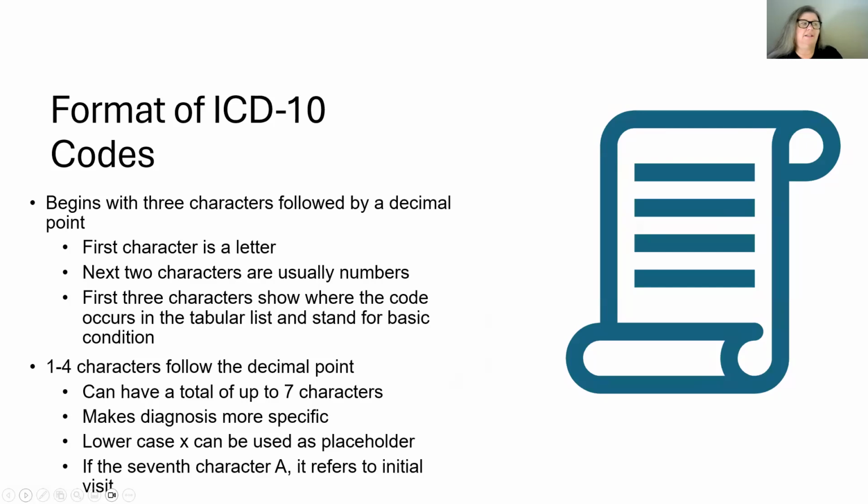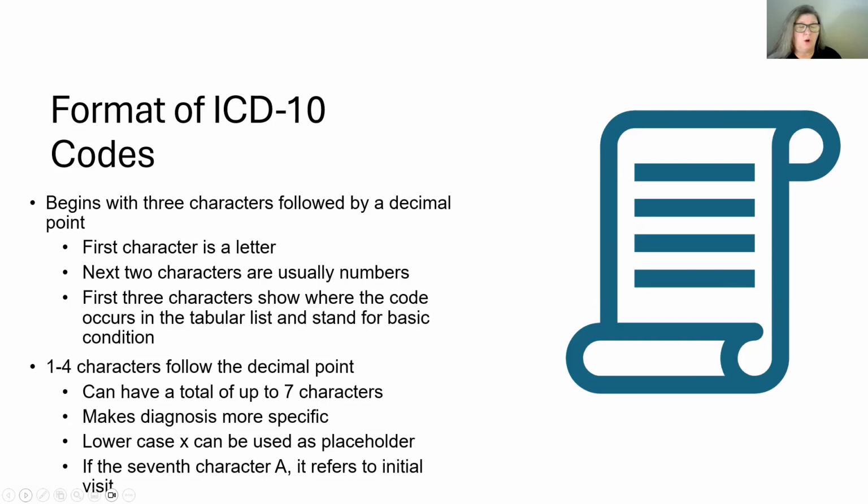The format of an ICD-10 code is specific. We talked about CPT codes being 5 digits. ICD-10 codes can vary in their size, but have certain things that are consistent. It always begins with 3 characters followed by a decimal.